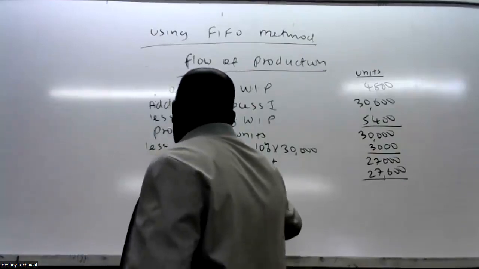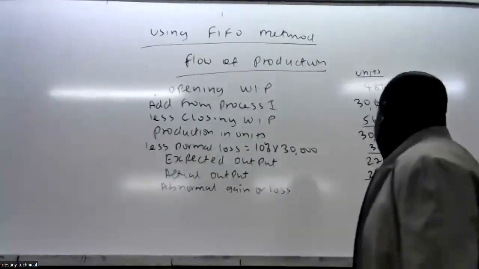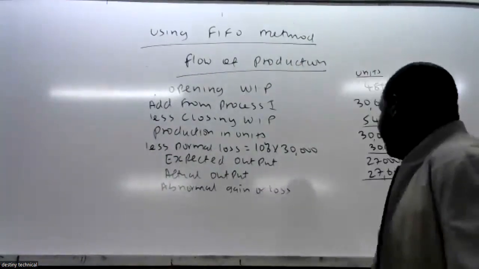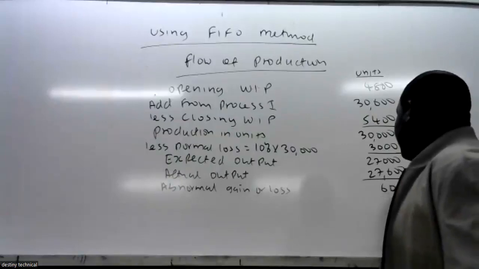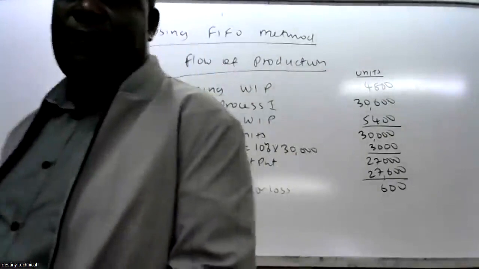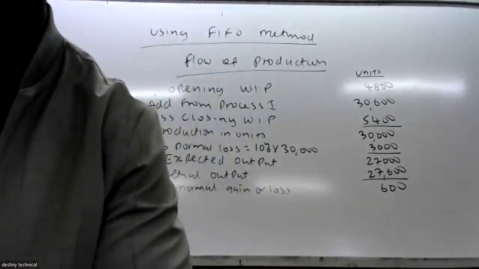There is an abnormal gain or loss of 600. Is it a gain or a loss?